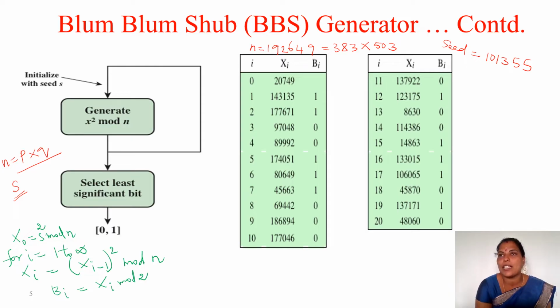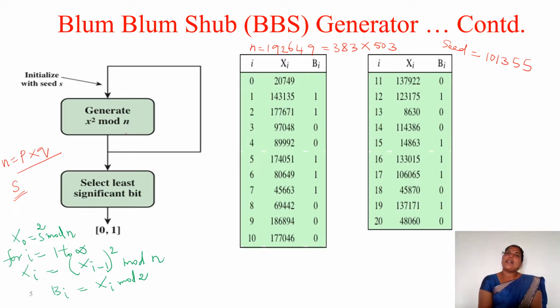Likewise, we can generate a sequence of pseudo random numbers using the Blum-Blum-Shub algorithm. We initialize with the seed, then generate x square mod n. The output is given back to generate x square mod n again. Then we select the least significant bit, that is 0 or 1.